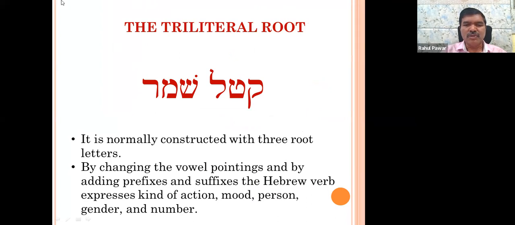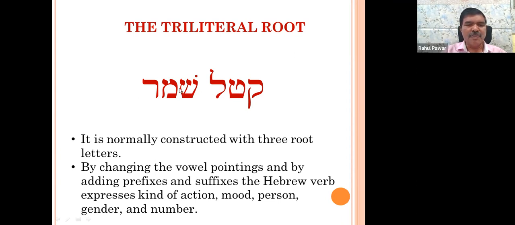For example, Kof, Tet, and Lamed. From this root, the word derived is katal. Katal means to kill, or kotel, or kittel. Kittel, the action is he murdered.